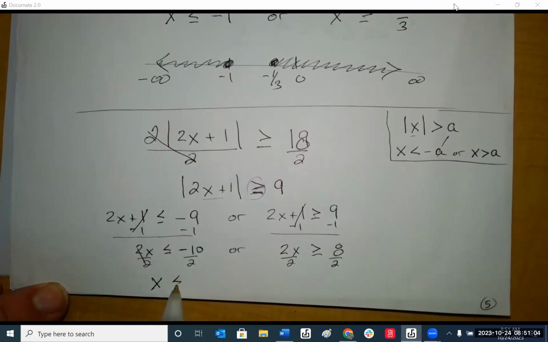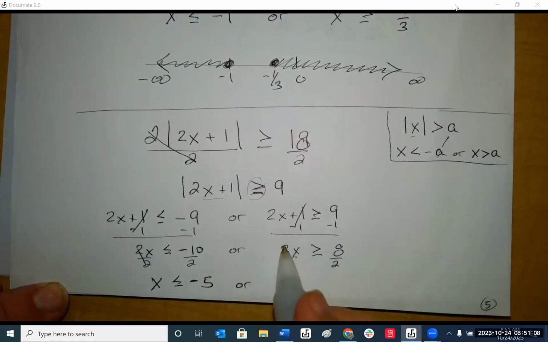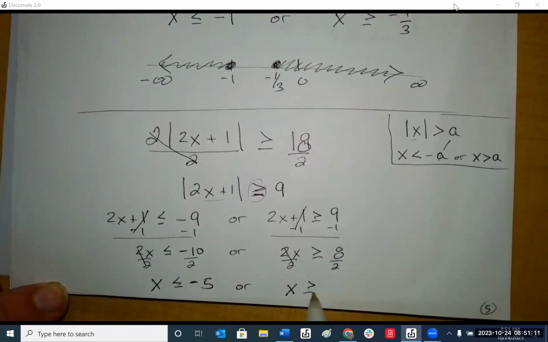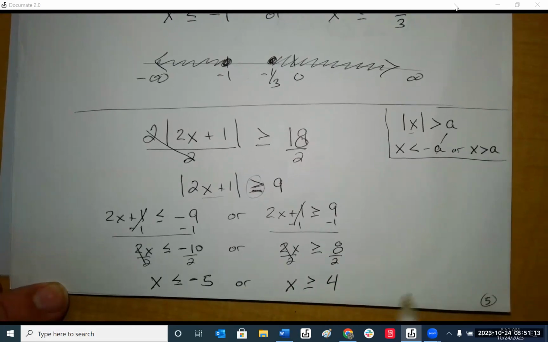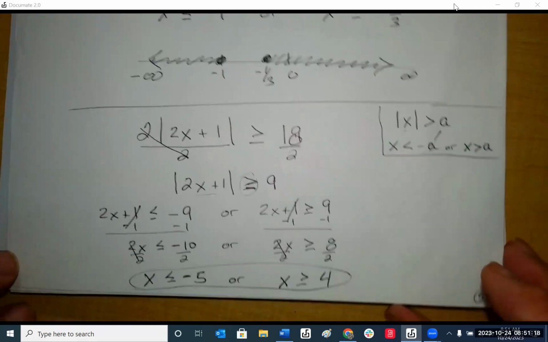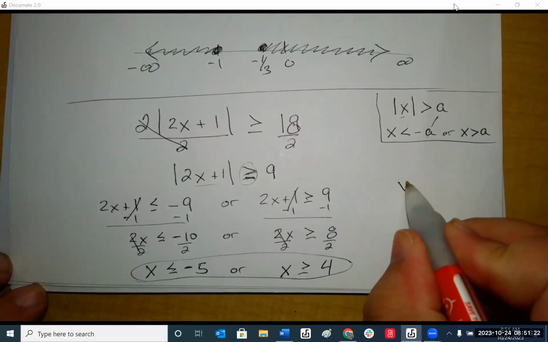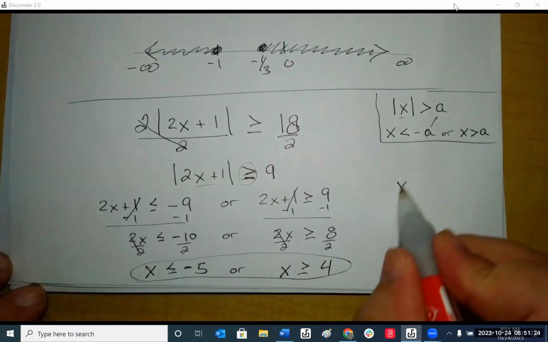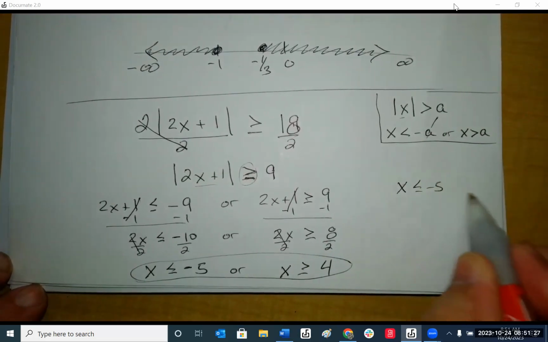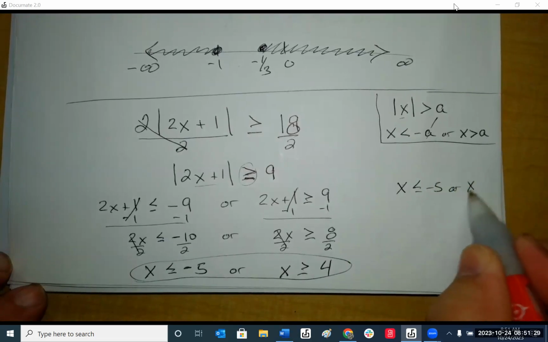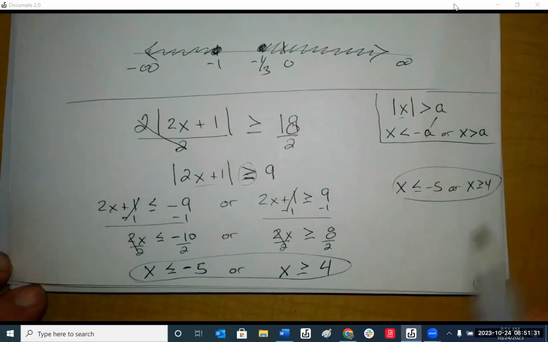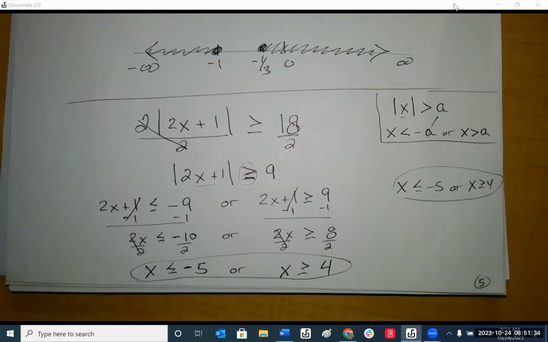X is less than or equal to negative 5. X is greater than or equal to 4. So those are our answers. Pretty easy, straightforward. It's just mechanical.